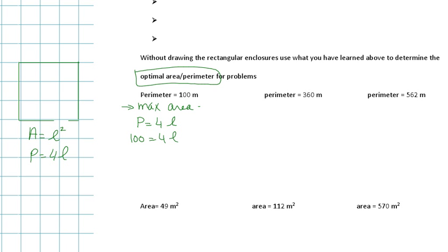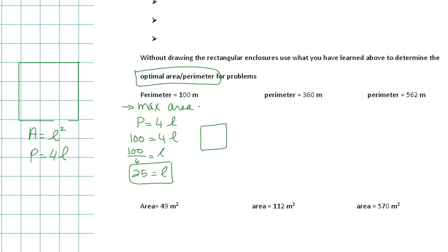To solve for L, what do I have to do? Divide by 4. So 100 divided by 4 is 25. So a side length of 25, so basically 25 by 25, is going to give me the maximum area.